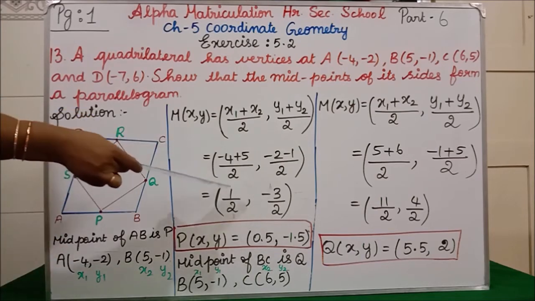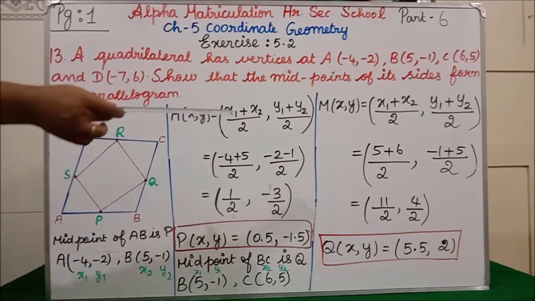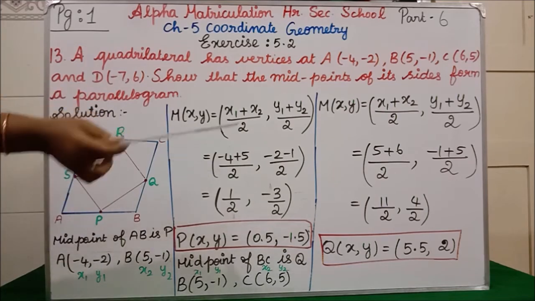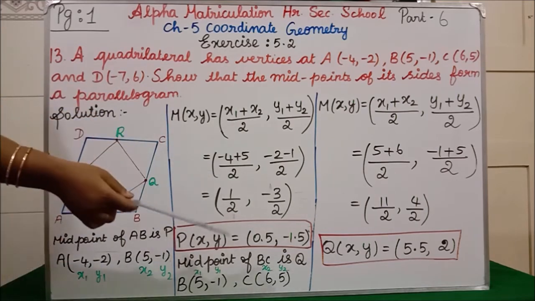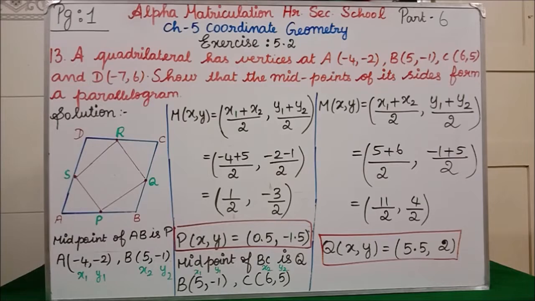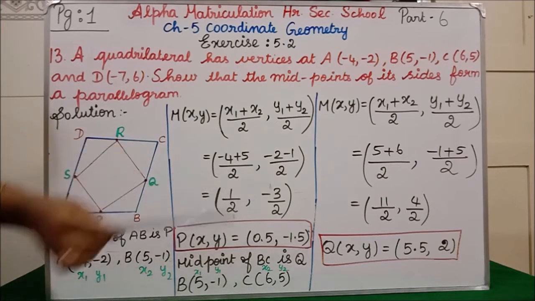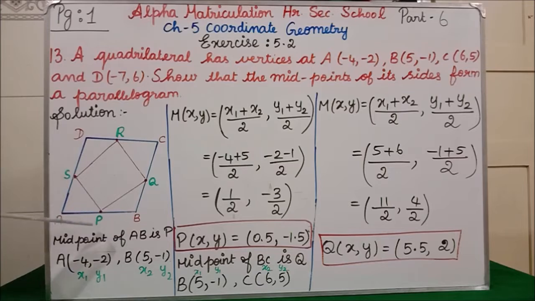So 5 minus 4 is 1 by 2, and minus 2 minus 1 is minus 3 by 2. 1 by 2 is 0.5, comma minus 3 by 2 is minus 1.5. So the point P is 0.5, comma minus 1.5.